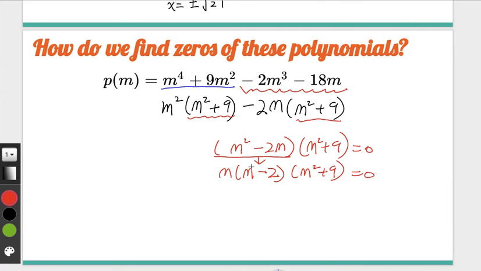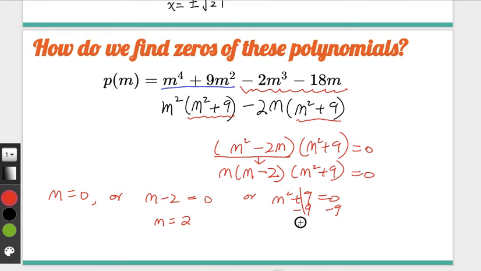And then 1, 2, 3, let's solve them. m equals 0, or m minus 2 equals 0, or m squared plus 9 equals 0. This is going to be the final solution 0, and this gives us m equals 2. And for this one, let's subtract 9. Like we did yesterday, very similar, right?